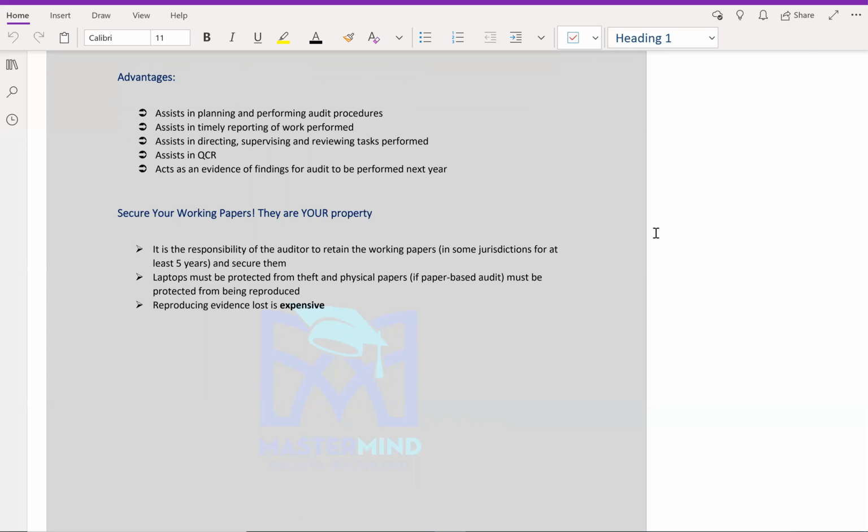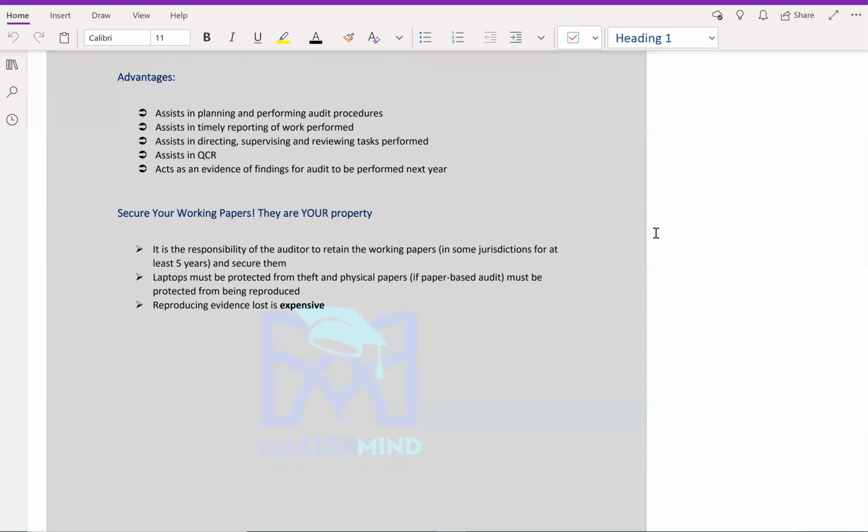Laptops must be protected from theft, and physical papers, if paper-based audit, must be protected from being reproduced. Counterfeiting, obviously. Reproducing evidence lost is expensive. Okay, so these are just basic points for you to remember, that working papers are your responsibility.